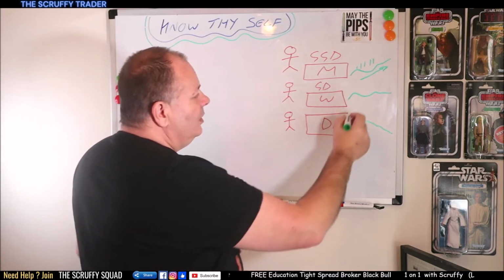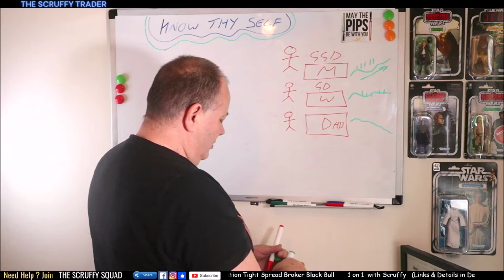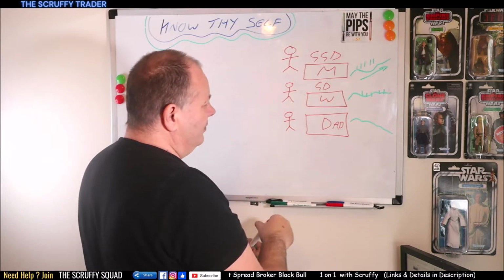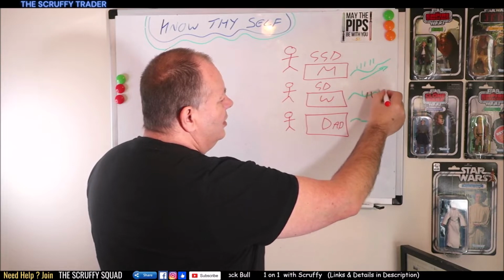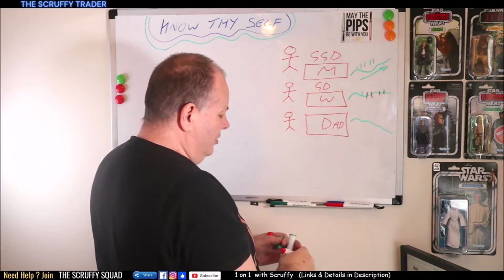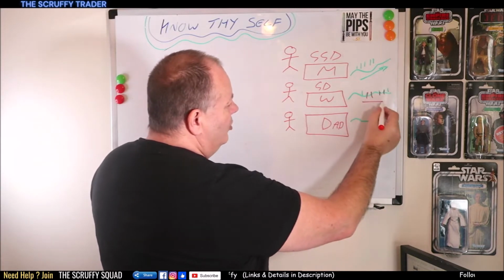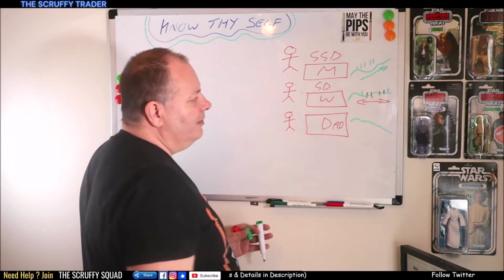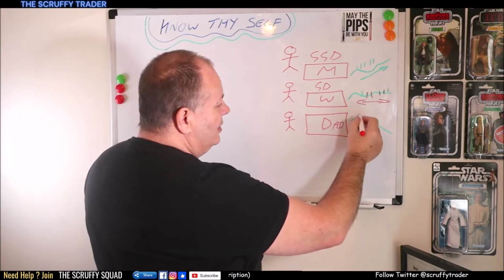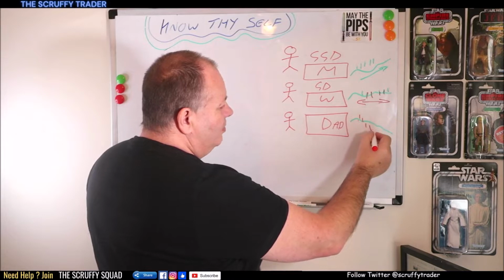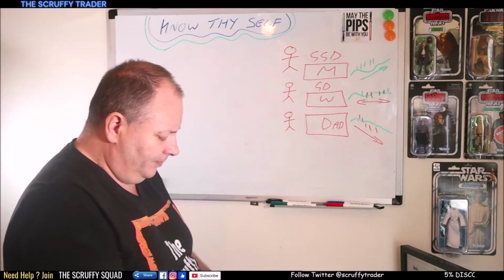And then you see this one here where the price is kind of running through it like that, and it's not really going anywhere. But then on the daily, you can see the price has broken through and is going like so.